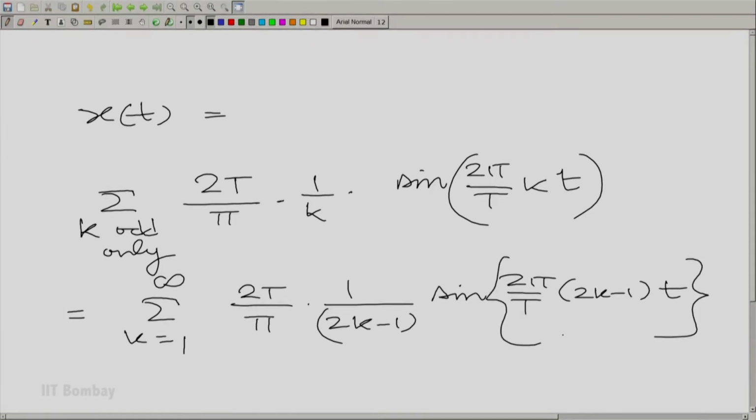Of course, remember, you need to divide by T finally. That normalization is required. So, I need to insert the 1 by T term here as also here.